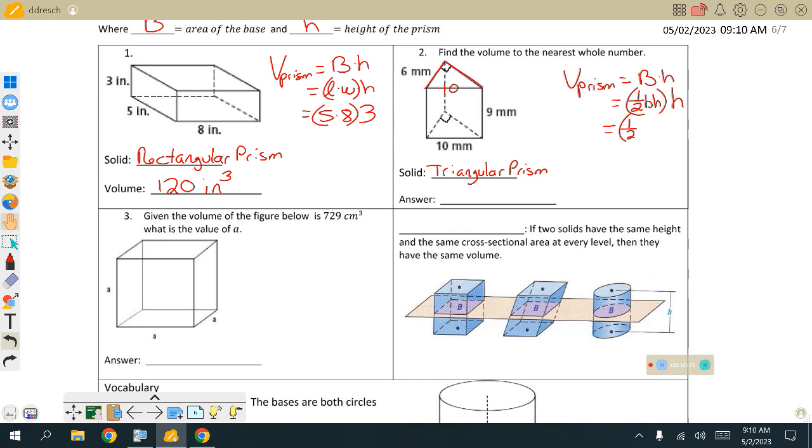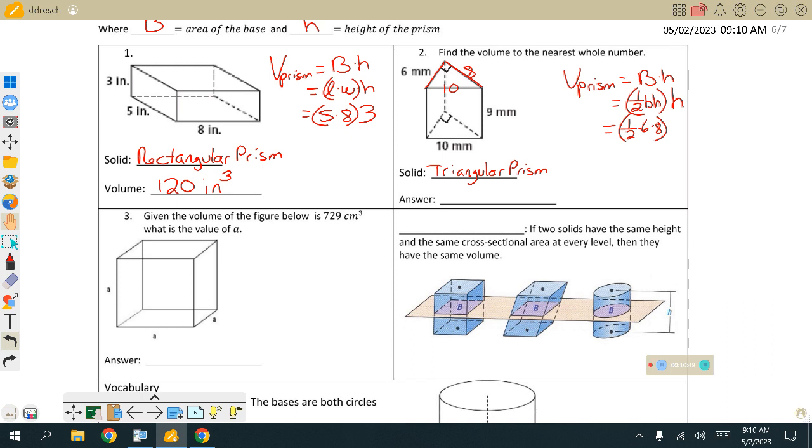It's a right triangle, Pythagorean theorem, and we don't even need to use it because it's a 6, it's a 10, and it's an 8. It's a 3, 4, 5 in disguise. So that 6 and 10 are not perpendicular to one another. We use Pythagorean theorem. Base of 6, a height of 8.